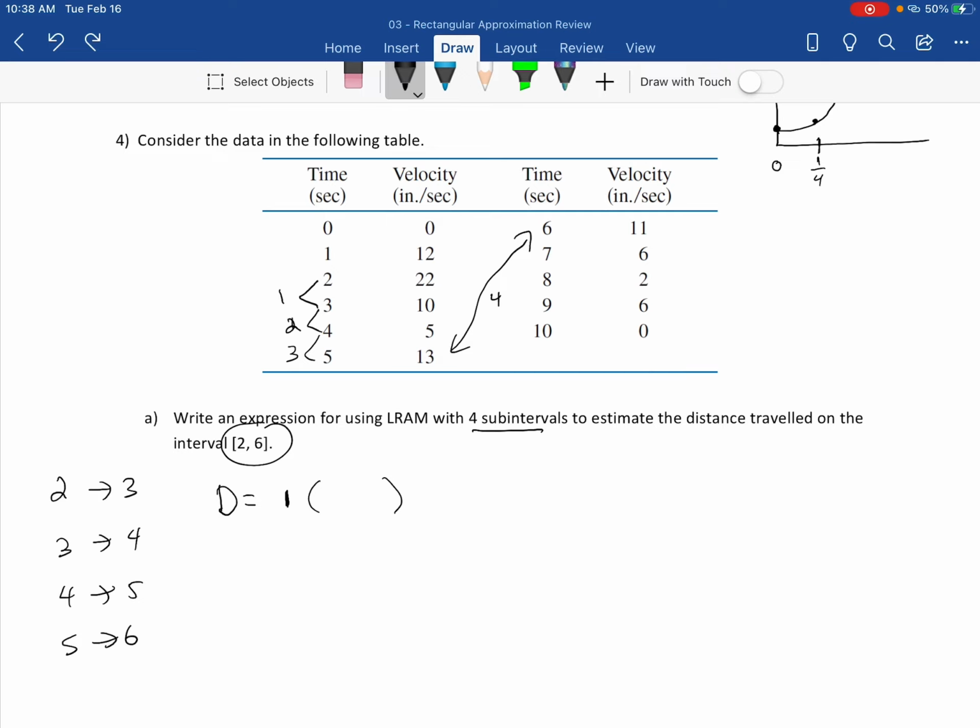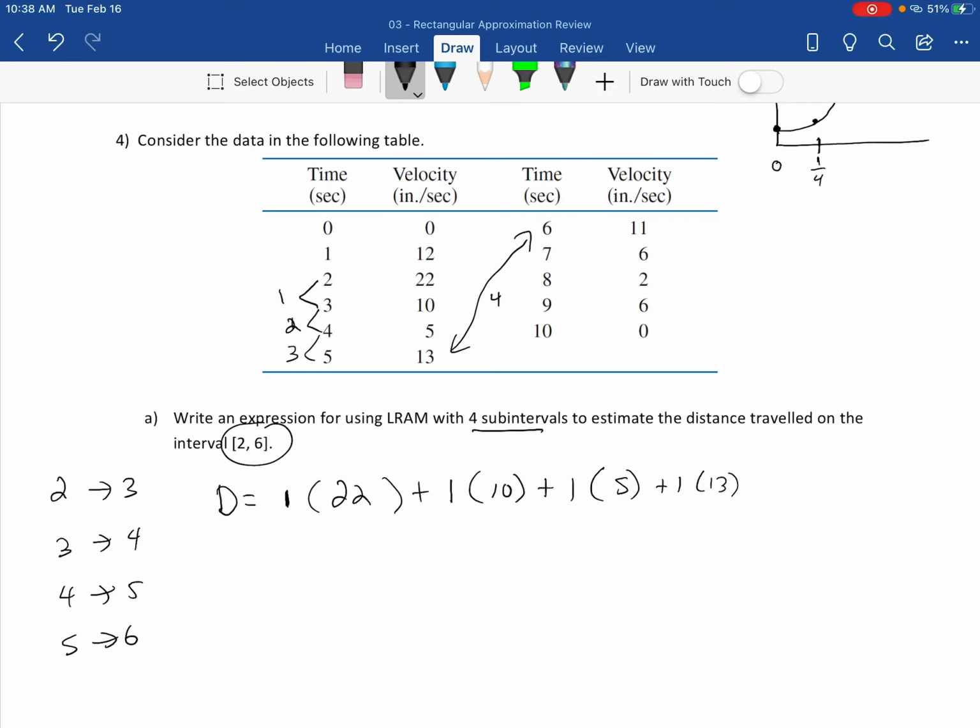So we want the value at 2, which is the 22. Then, second interval, still with 1, but now the left-hand value of 3 to 4, which is the 10. Then, with 1, left-hand value of 4 to 5, which is the 5. And then the last one, still 1 wide, left-hand value for 5 to 6 would be the 13.